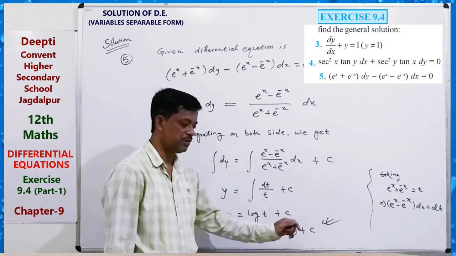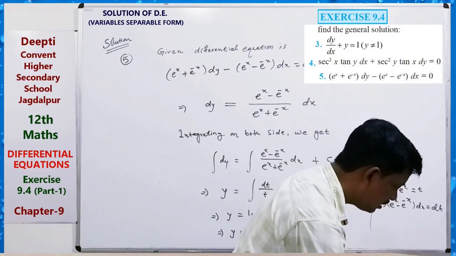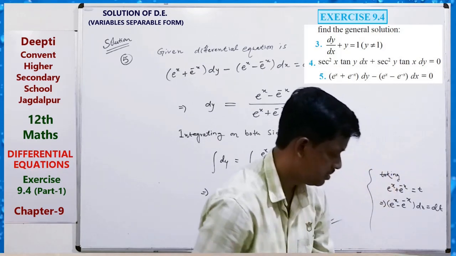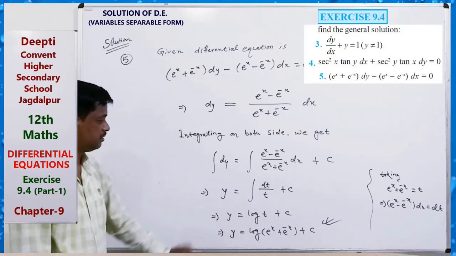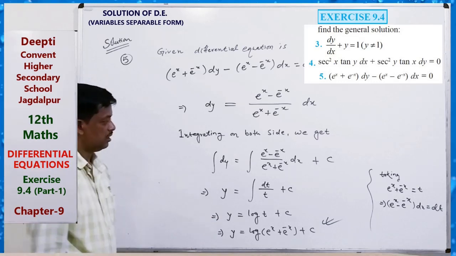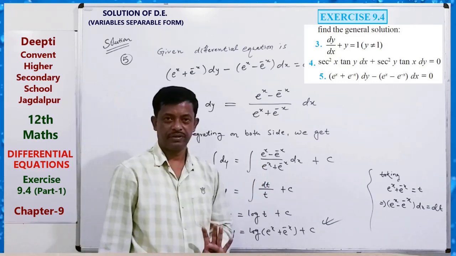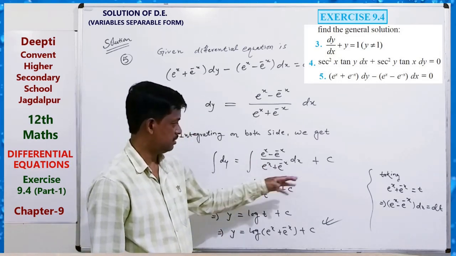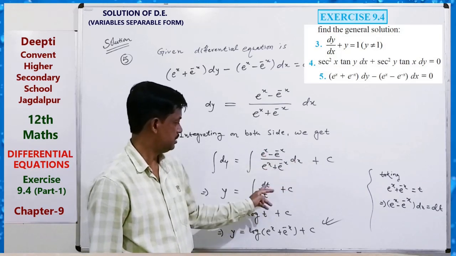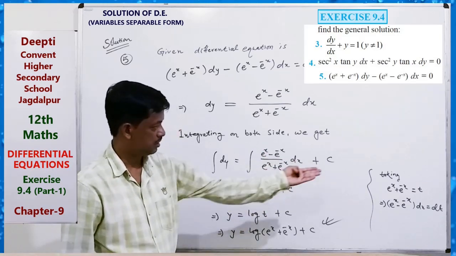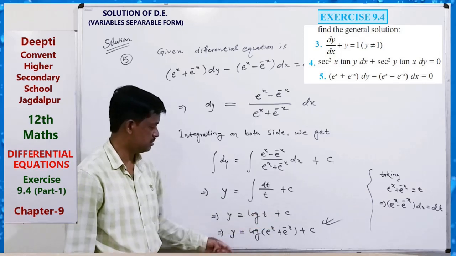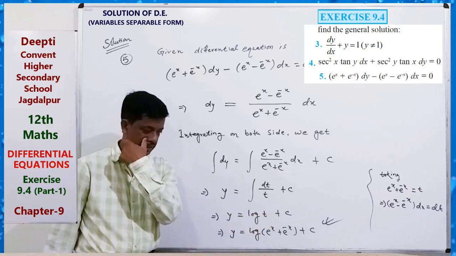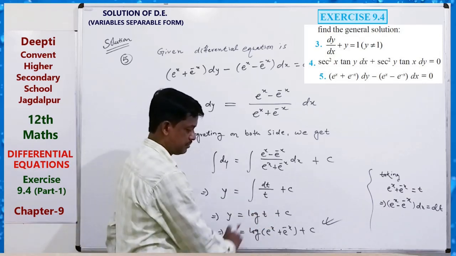We can take this as the simplified form. Clear? Taking this as t, then this is dt by t, which is log t. t means e to the power x plus e to the power minus x. This is the solution, y equal to this. Okay, which is the required solution.